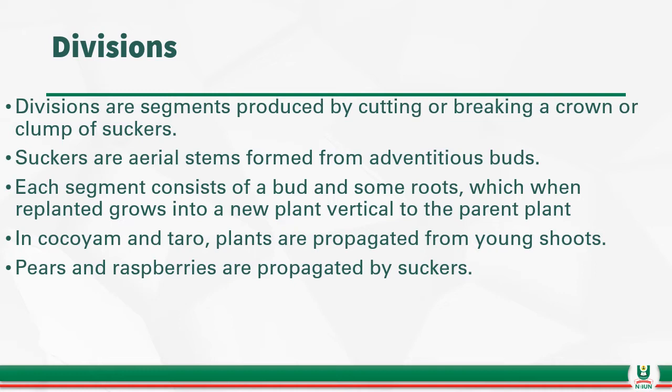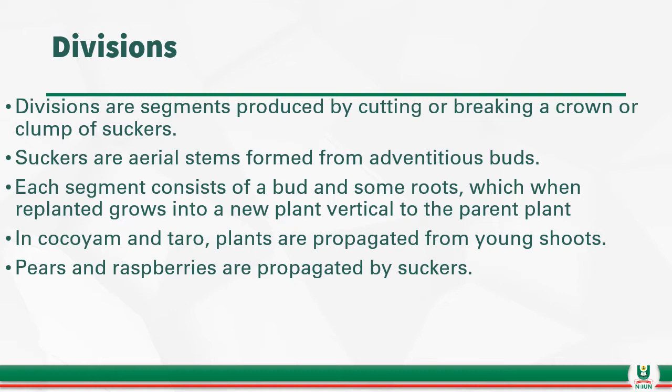So you use divisions where you have suckers to plant, and the suckers are aerial stems that you have in your pineapple. The crown on the top can be divided into different sections, divisions.